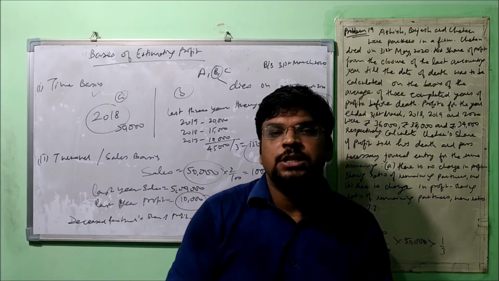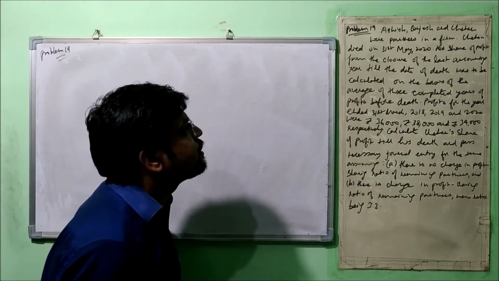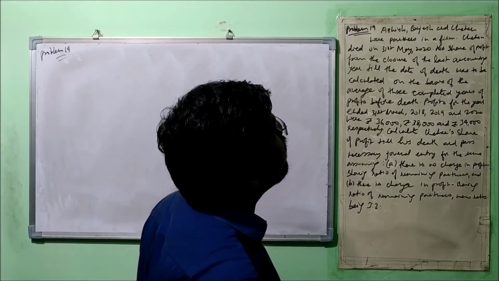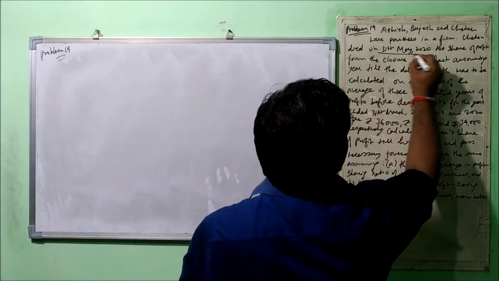You can see the question on your screen. So I have already written the question here, problem number 19. Let's read it out. Ashish, Brajesh and Chetan were partners in a firm. Chetan died on 31st May 2020, right?